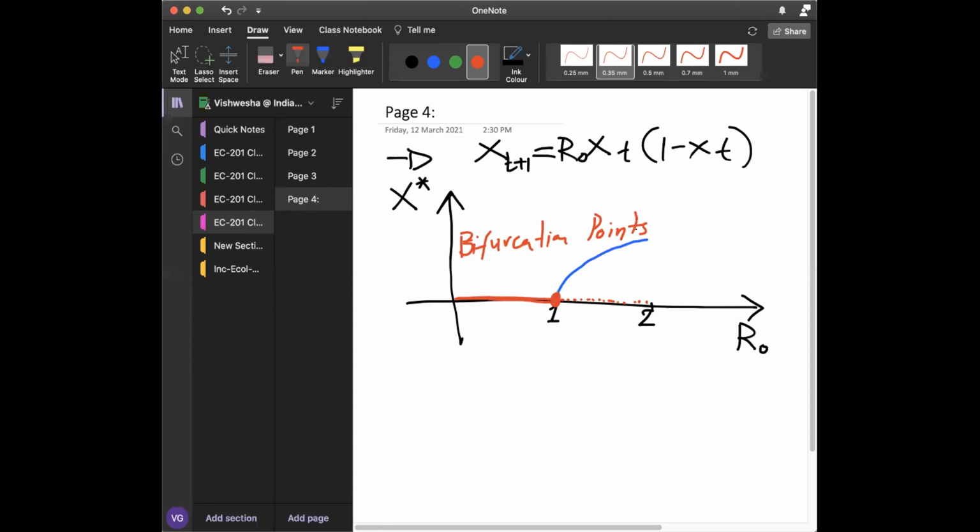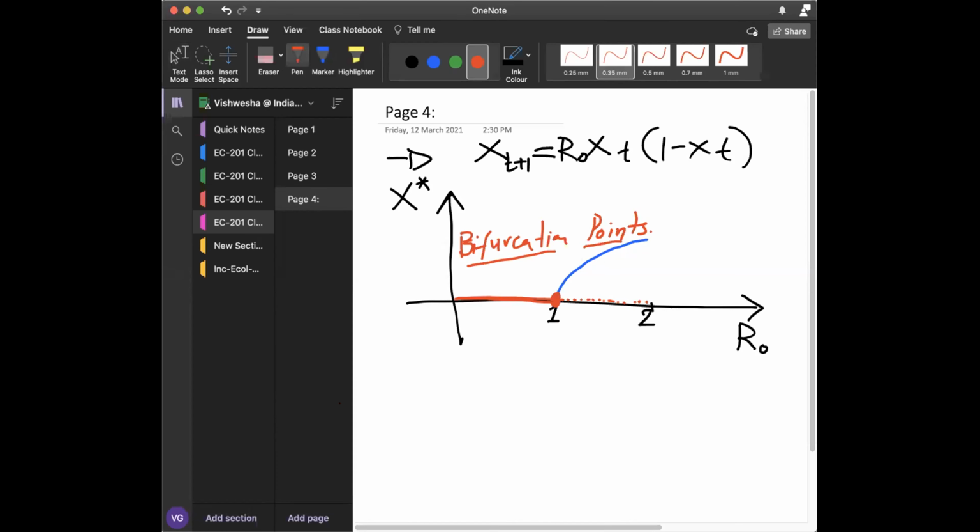So bifurcation points are the values of the driver where the stability of a population state changes. Okay, so here the stable equilibrium is becoming unstable, and a new stable branch is emerging. Okay, so we have done this up to 2, and we have done this numerically, which is fine.